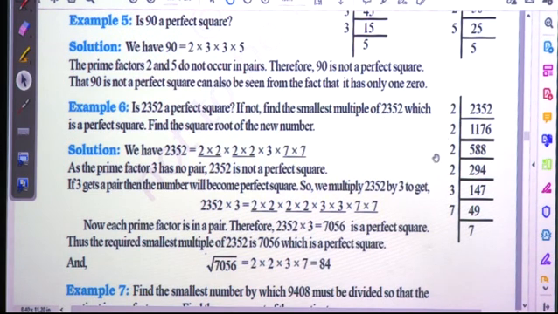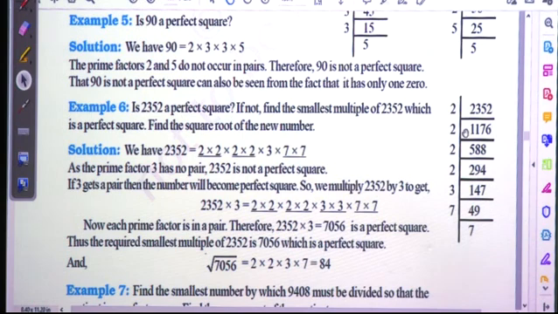Now we shall first see the prime factorization of 2352. 2 ones are 2. Again 2 ones are 2, 1 is remaining, the next value becomes 15. 2 sevens are 14, 1 is remaining, the next value becomes 12. 2 sixes are 12.